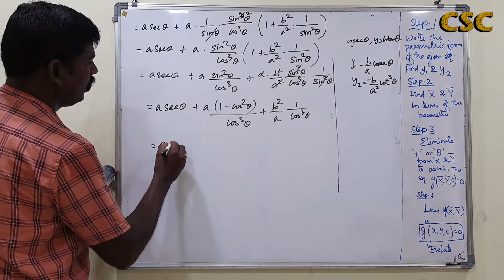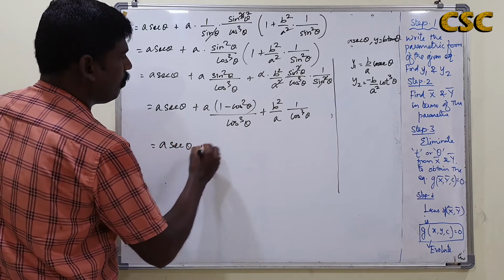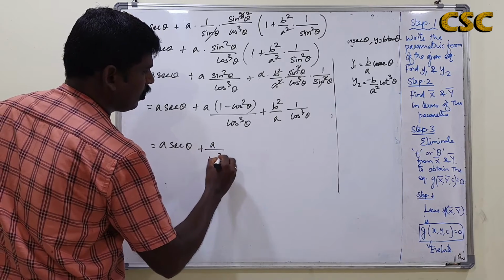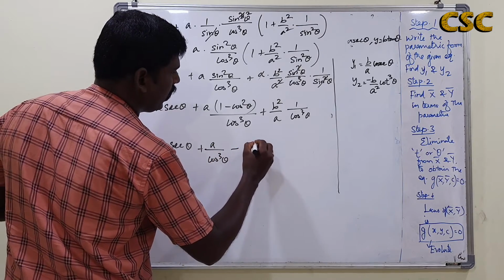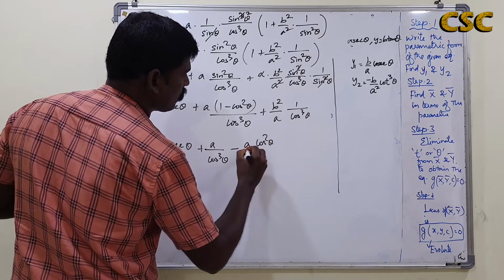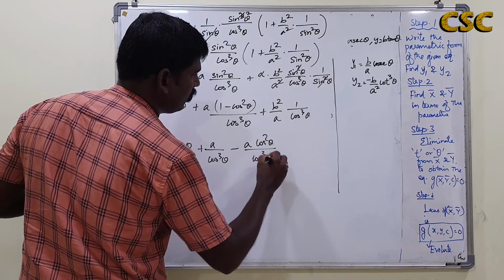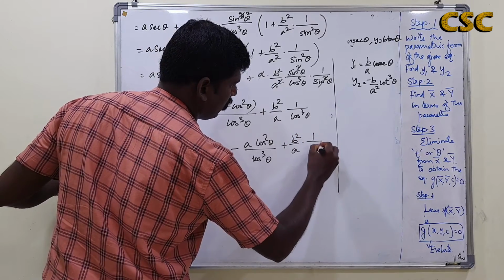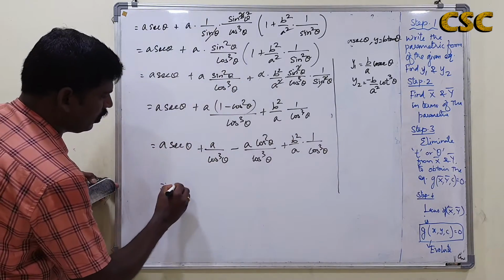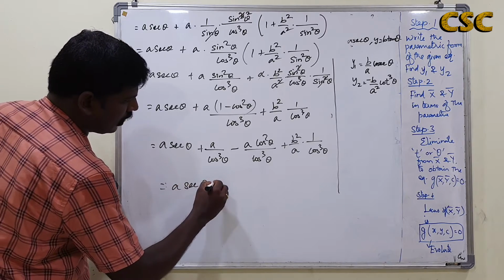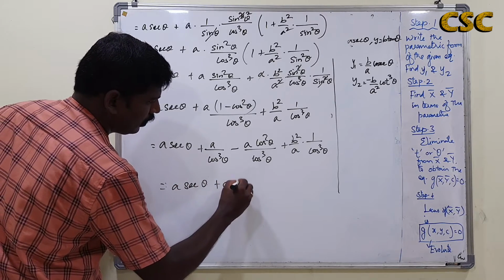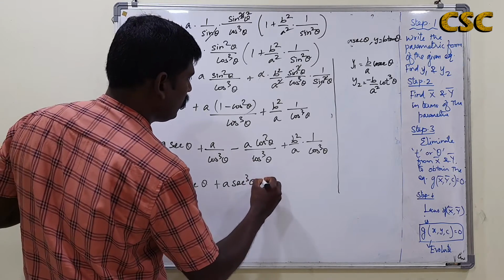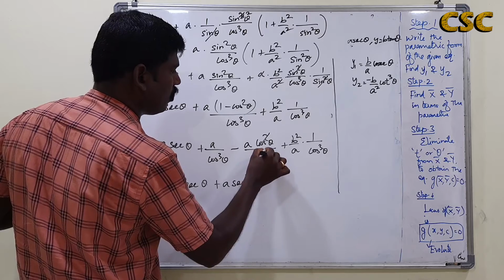That is equal to a secant theta plus, shall I multiply this inside the bracket? It becomes a by cos cube theta minus a cos square theta by cos cube theta plus b square by a into 1 by cos cube theta. That is equal to a secant theta plus a secant cube theta minus, we can strike out this cos square with this cos cube.